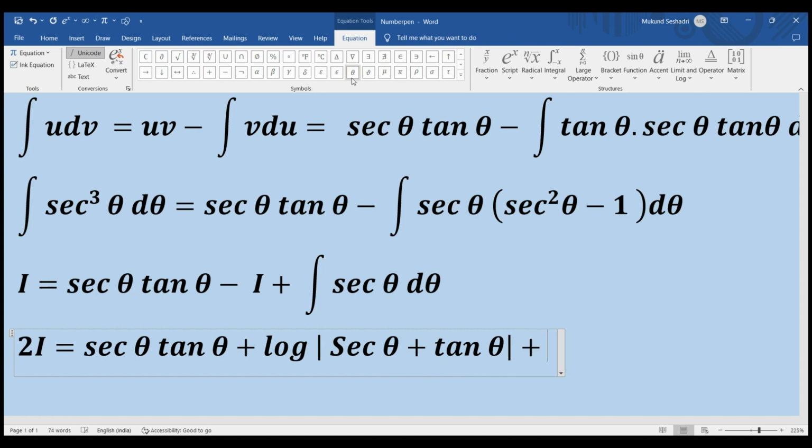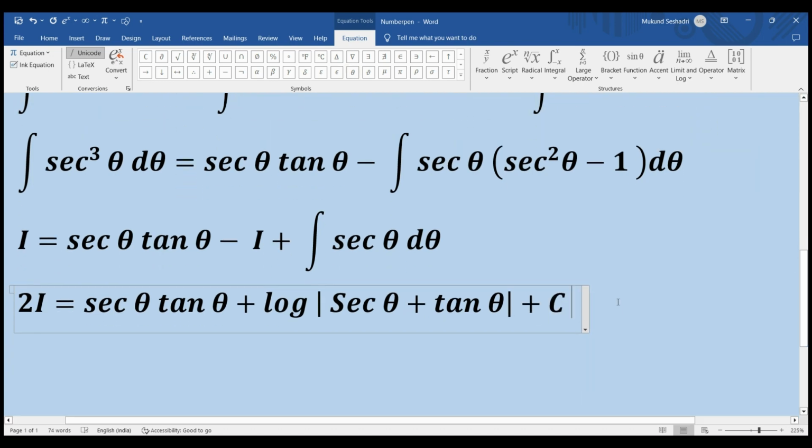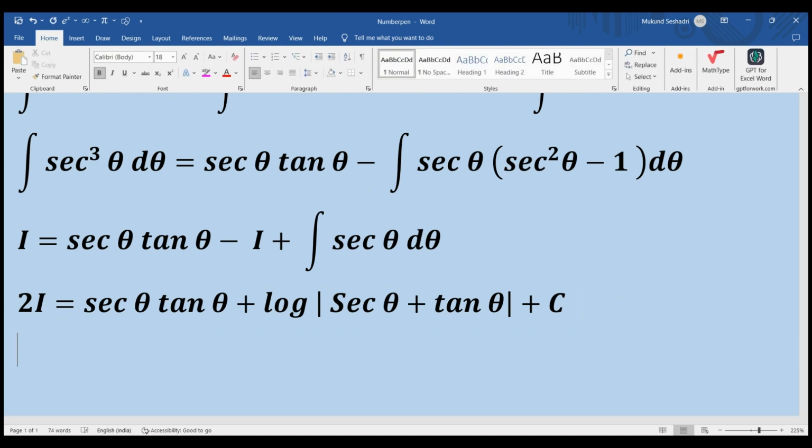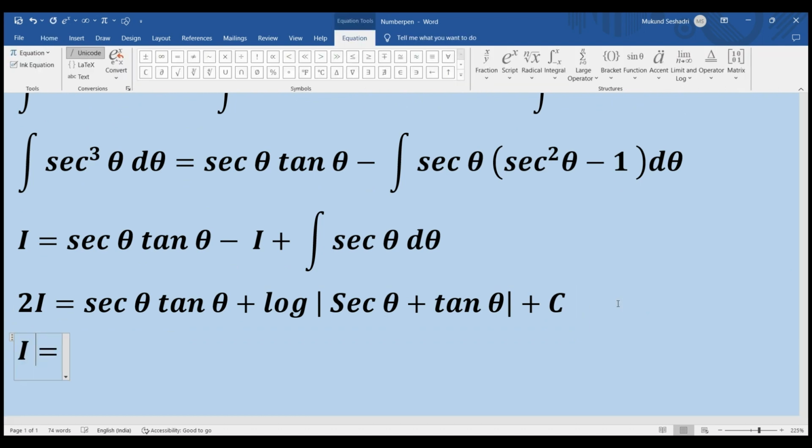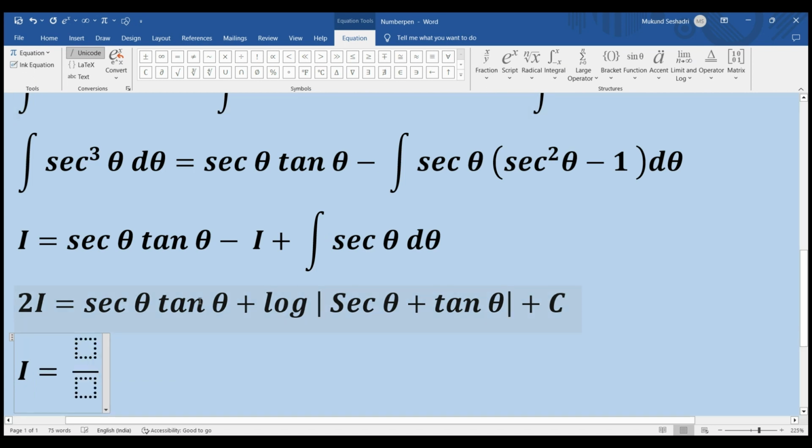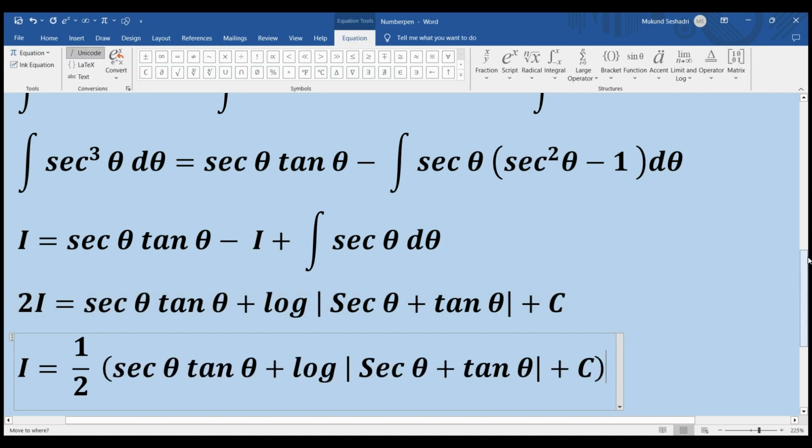And then I have my constant c, right? So I've solved for 2I, and solving for I is not very difficult from here on. Why? Because I have this as half of secant theta tan theta plus my log of secant theta plus tan theta plus c, right? Of course, the expression inside the log is within the mod.